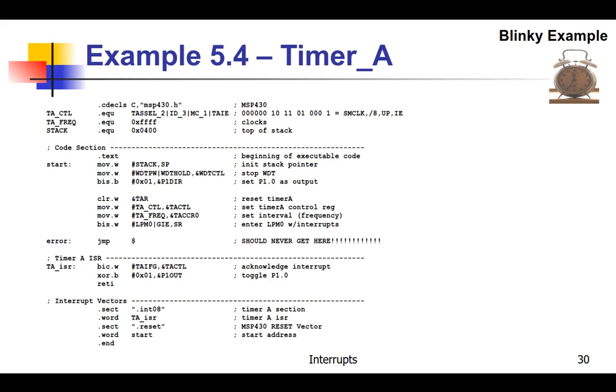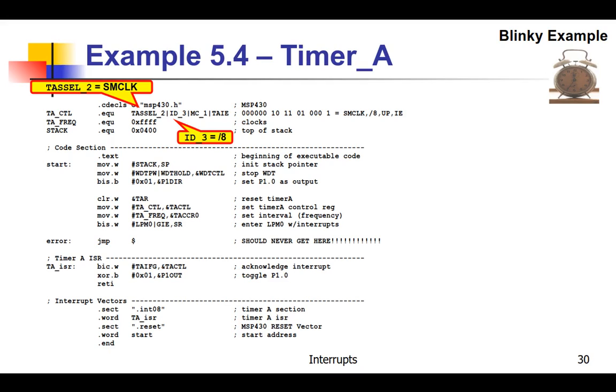So here's another example. This is an example of using timer A. The first thing you need to do is make some equates for the timer A control. You set the TASSEL bit, which sets which clock you're going to use.